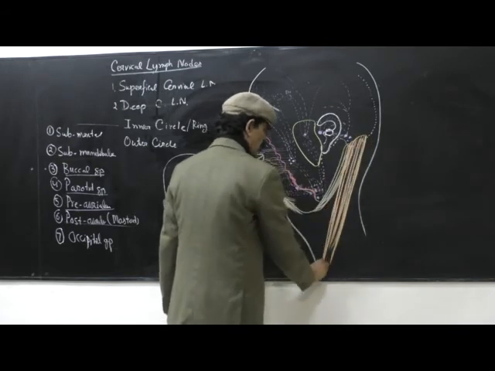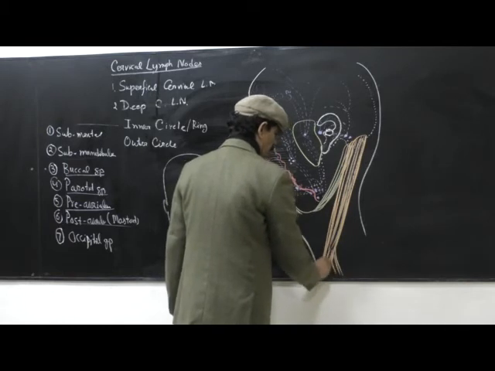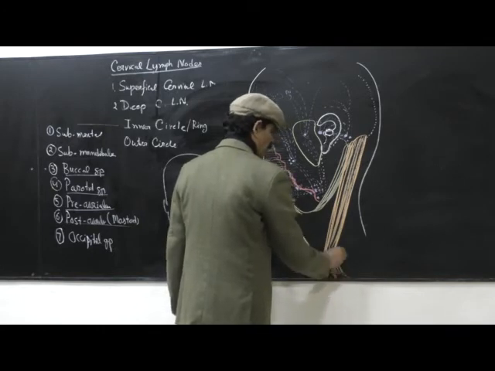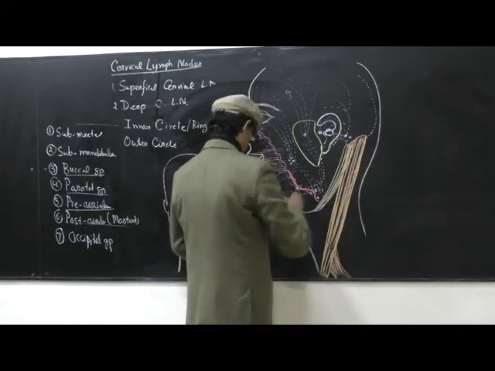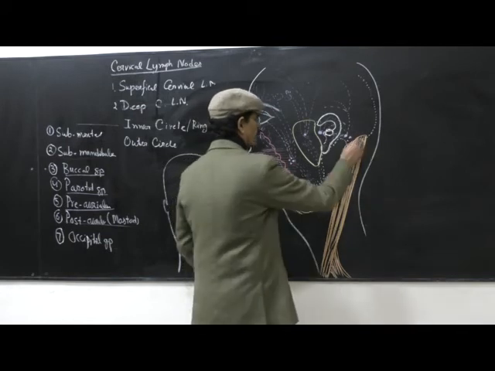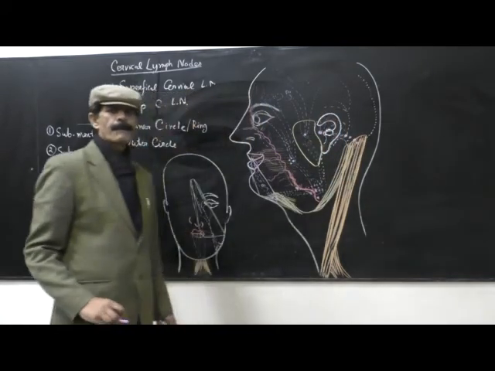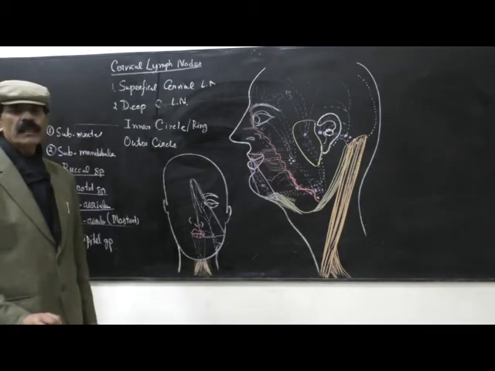So this is the sternocleidomastoid muscle. The mastoid group is also related to the lymph nodes that overlie the upper part of the sternocleidomastoid muscle. So these lymph nodes are present in the mastoid over the upper part of the sternocleidomastoid muscle.